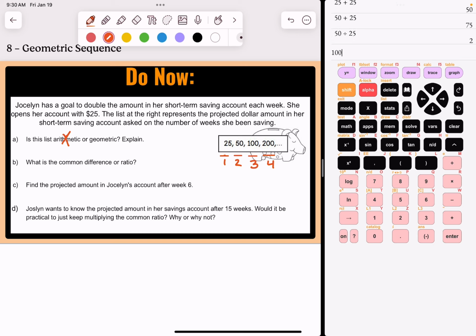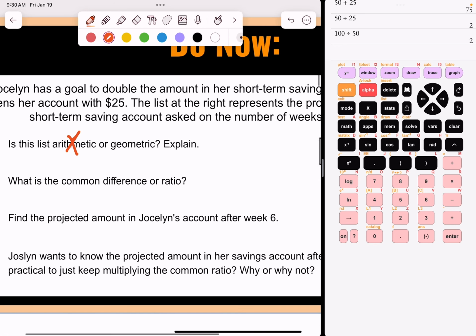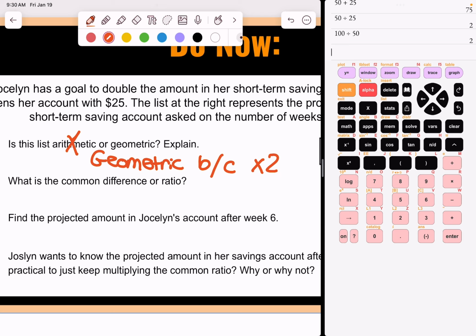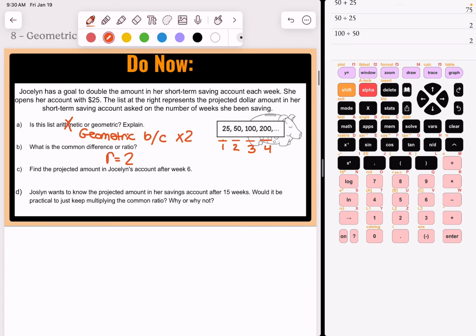Then what is 100 divided by 50? That also means I multiplied by 2. So is it geometric? Geometric, because we multiplied by 2. Okay. What is the common difference or ratio? The ratio is 2.